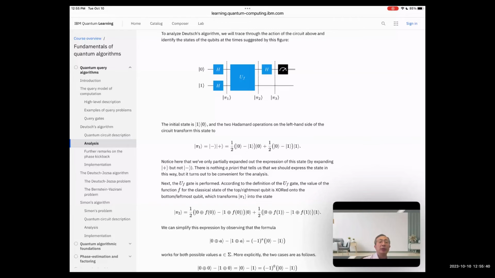By the way, notice it really doesn't matter the order as long as you know where that is. So cat 0 is here, cat 1 is the bottom one, but the bottom one is not leftmost. So the cat 0 is plus, cat 1 is minus, and that's the negative sign of the cat 1.